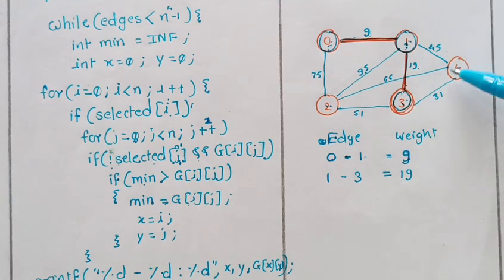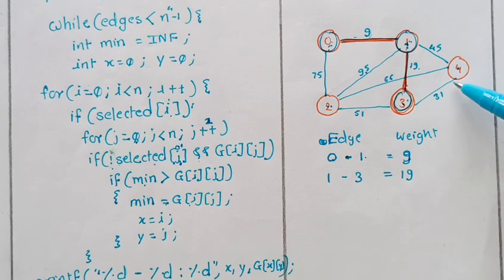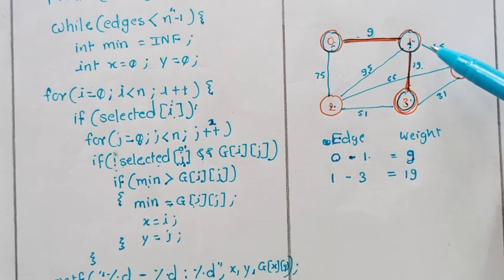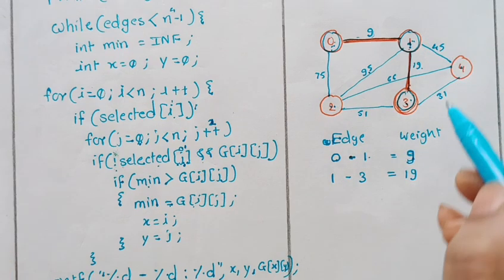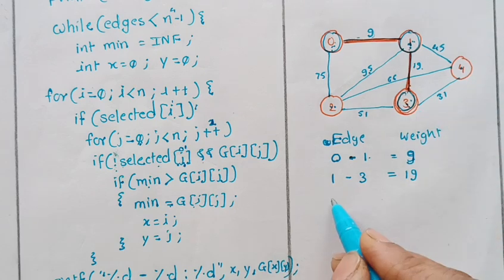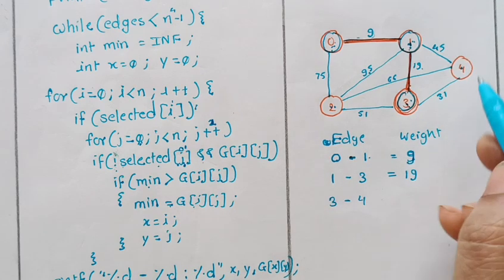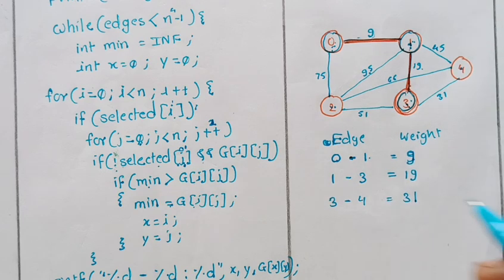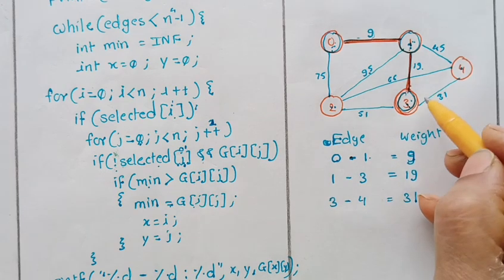Now we see for node 4 which is the minimum cost edge. 45, 31 is there, and 66 is there. But 2 is not selected, so only between 45 and 31 can we choose. 31 is the minimum cost, so from 3 to 4 the cost is 31. So 3 to 4.